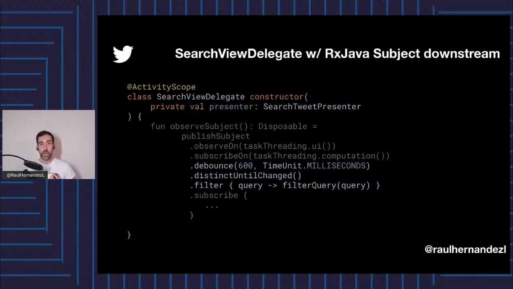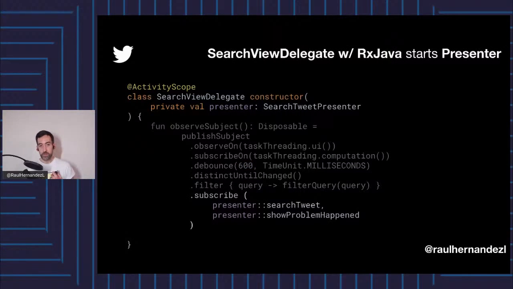We'll make sure that we are not having the same query just to stop triggering this mechanism if we don't have any difference. And then the filtering of that, because maybe we don't want to start the query when we put an ASCII or an at, let's say. We'll subscribe, and then from that point, we'll start the search tweet from the presenter. And if we have any problems, we'll show something from the presenter as well.